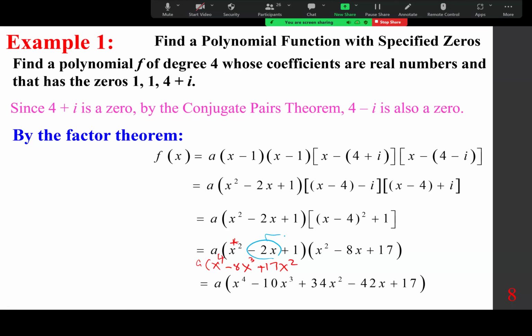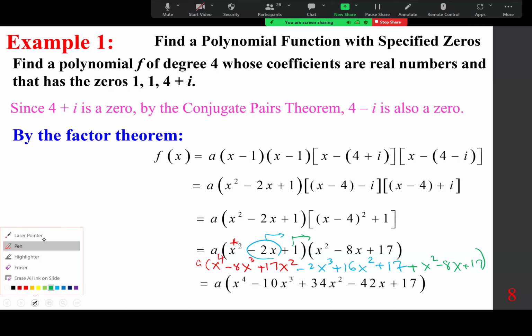Now negative 2x gives us negative 2x cubed plus 16x squared plus 17. Now the 1 just repeats the second parentheses, x squared minus 8x plus 17. And you can combine them.